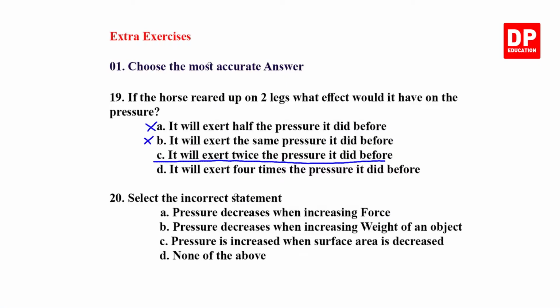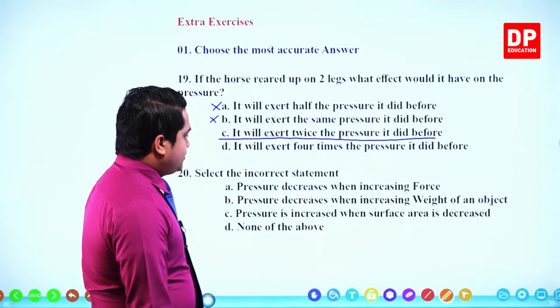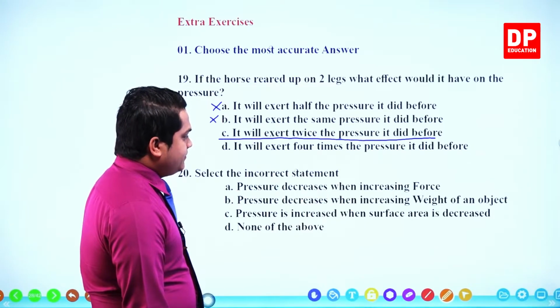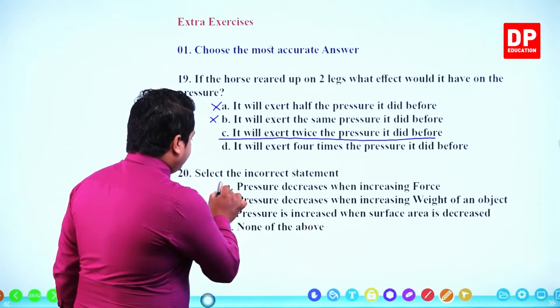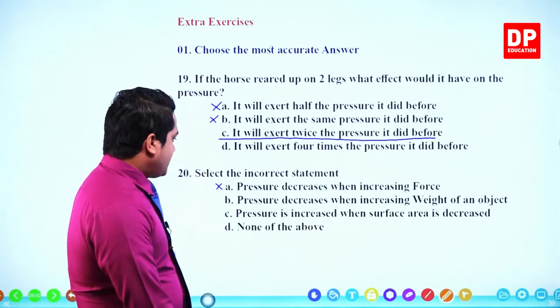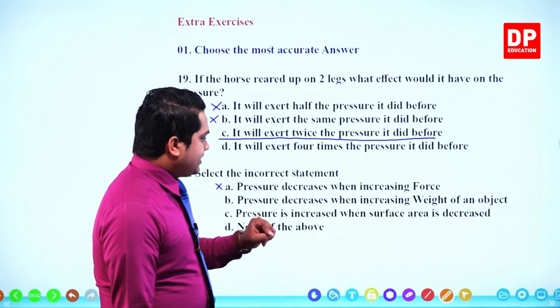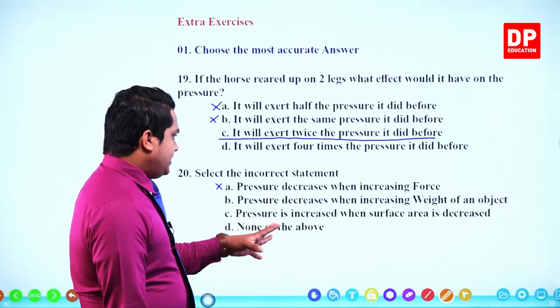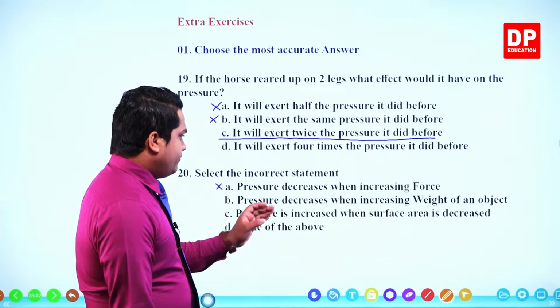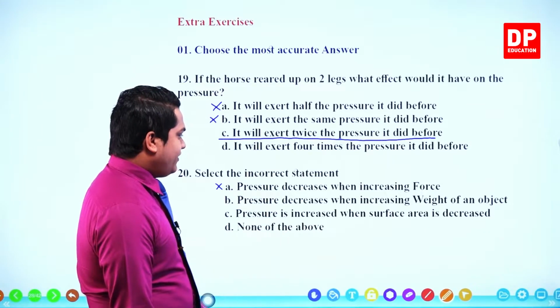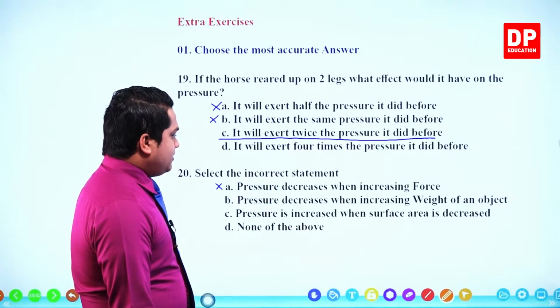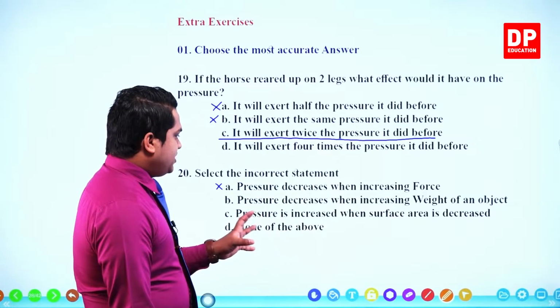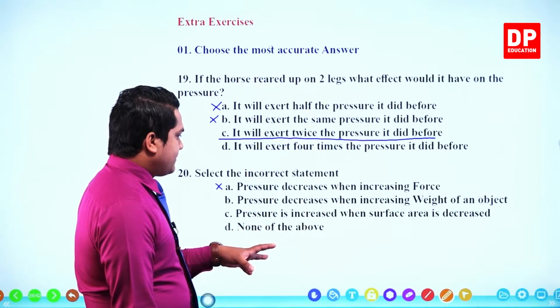Select the incorrect statement. Pressure decreases when increasing force. So, pressure decreases when increasing force. It is incorrect. Pressure decreases when increasing weight of an object. When increasing weight of an object, pressure decreases.